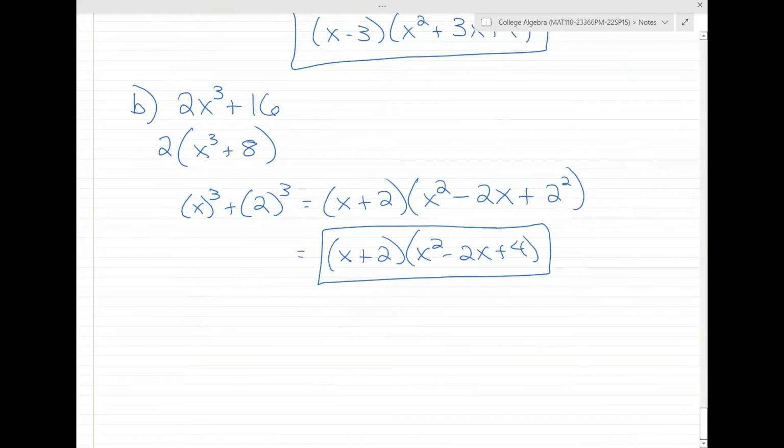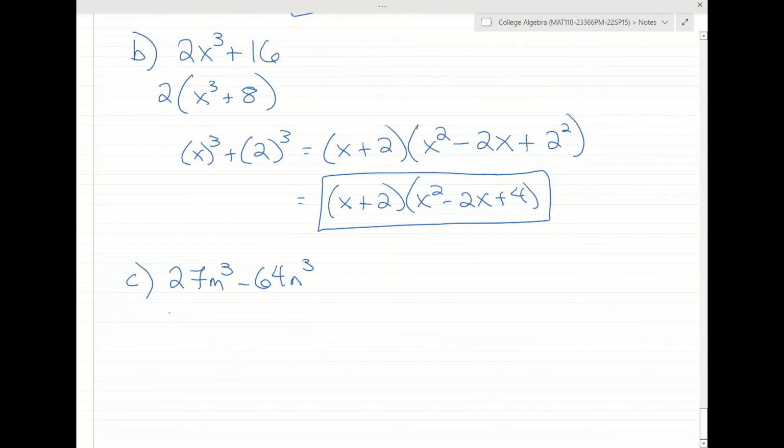All right, what about something like this? What if it's 27m to the third minus 64n to the third? Try to figure out what cubed minus what cubed, and then fill in the formula.